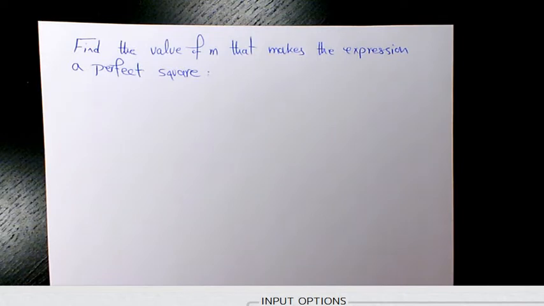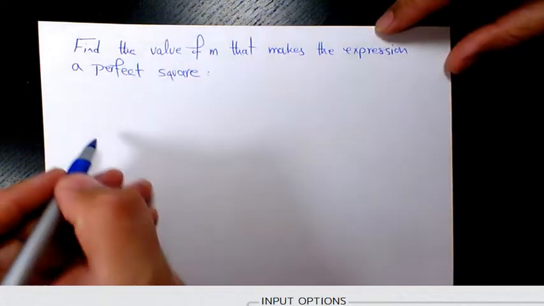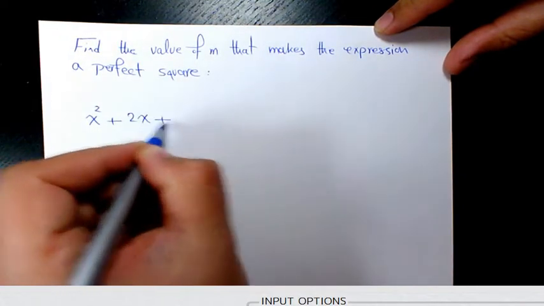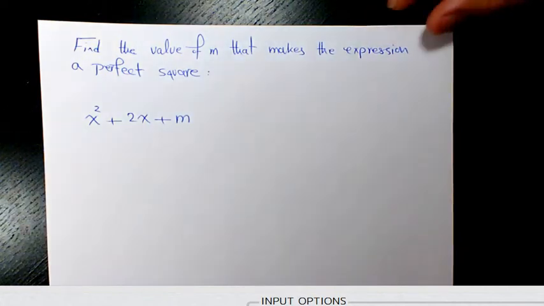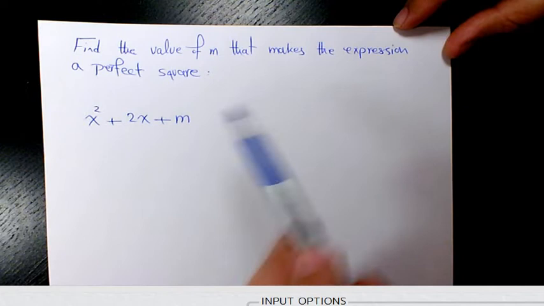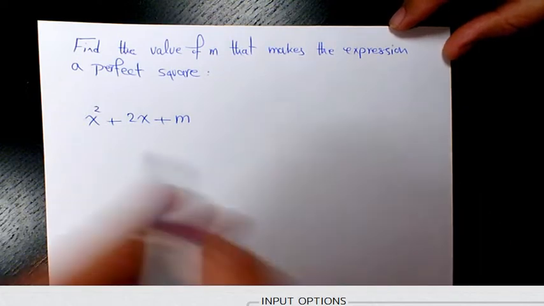Here in the second part, we have: find the value of m that makes the expression a perfect square. For example, we have x squared plus 2x plus m, and we need to find the m that makes the expression a perfect square. How do we do that?